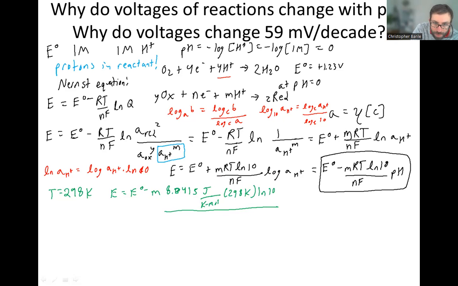I want to keep n generic, so this is m over n, and then I have Faraday's constant, which is 96485 coulombs per mole.